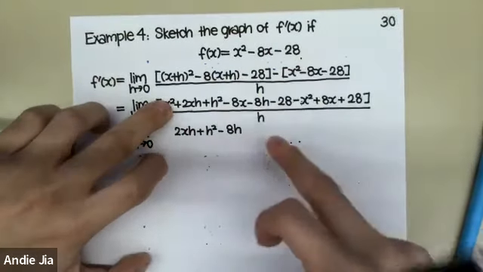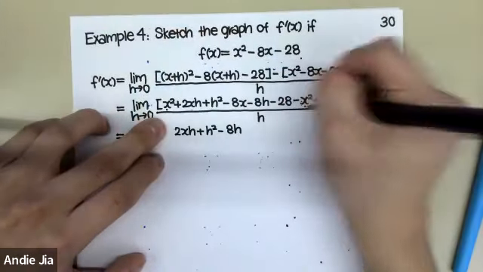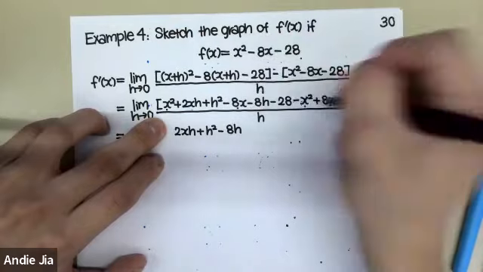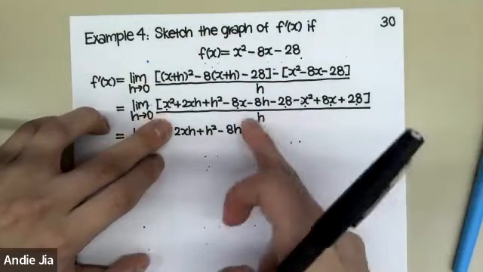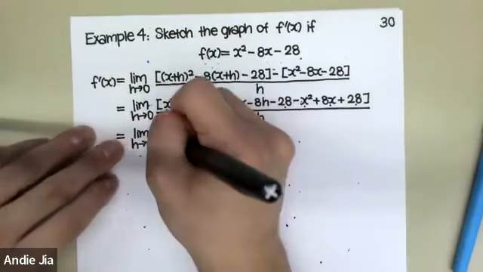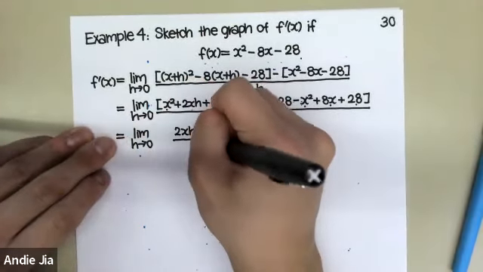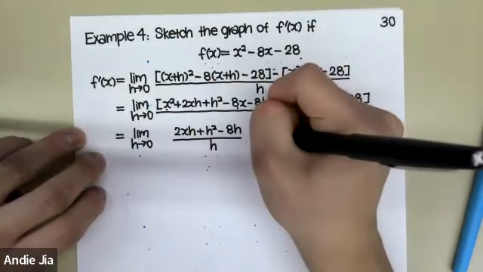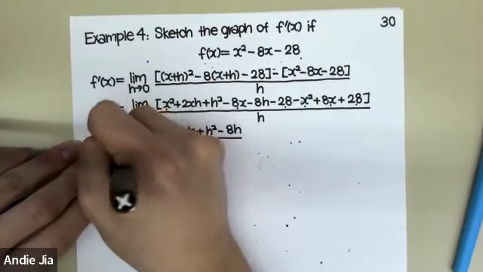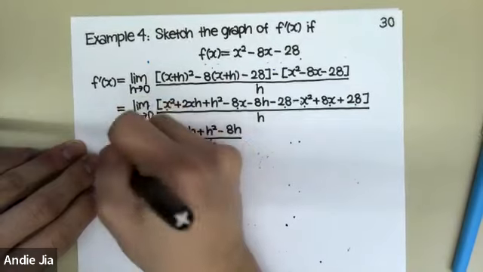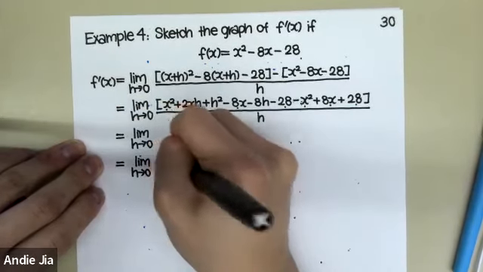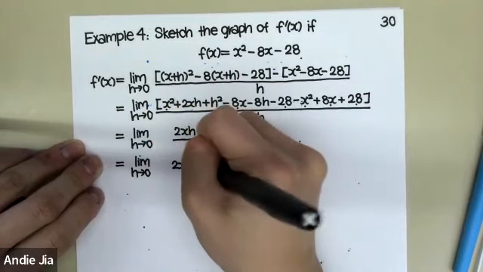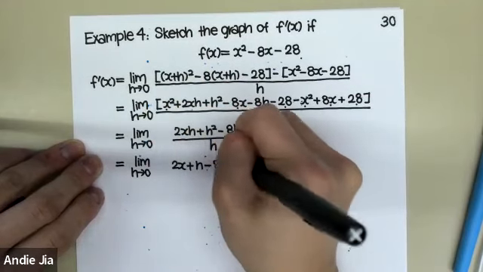So we have three terms left, which equals the limit as h approaches 0 of 2x plus h minus 8.